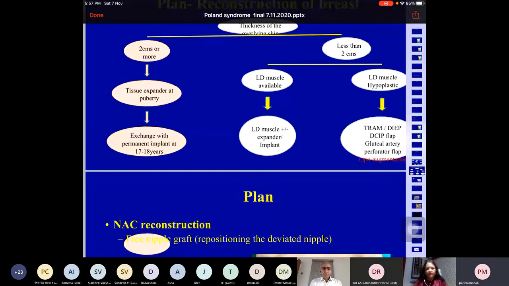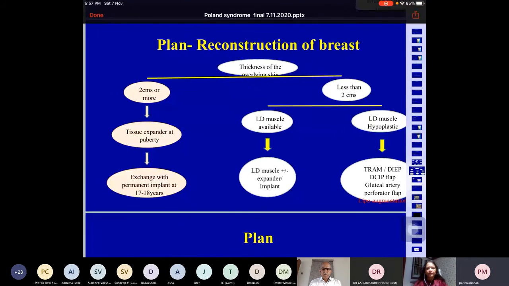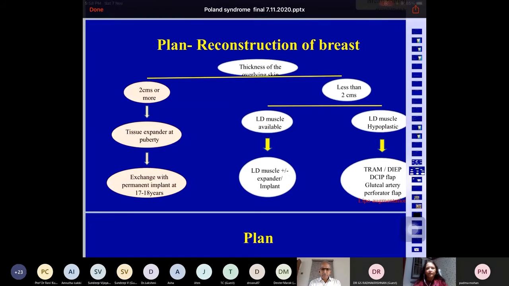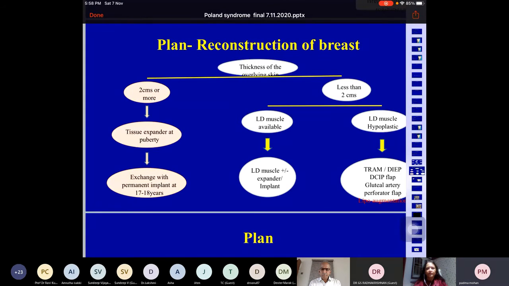In a lady, let's say in this patient, if you're going for lipofilling, you have seen her body from the clavicle to the umbilicus area. You think you will have enough fat available for her to create a breast that matches the contralateral side? No, sir. But I would still like to examine the thighs, and we will need to do it in multiple sittings. We'll not be able to do it in a single sitting.